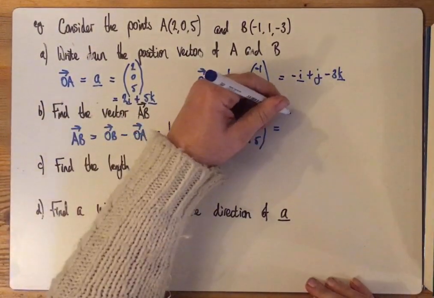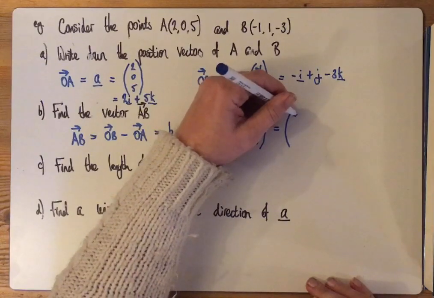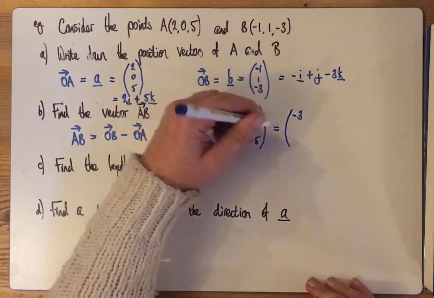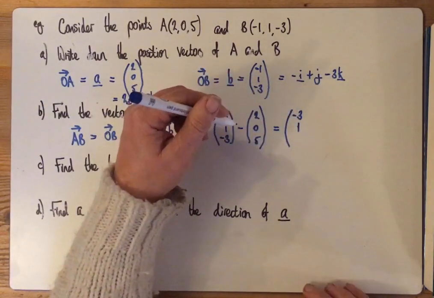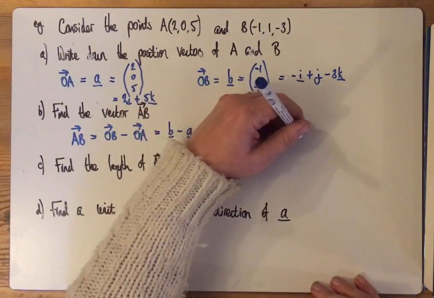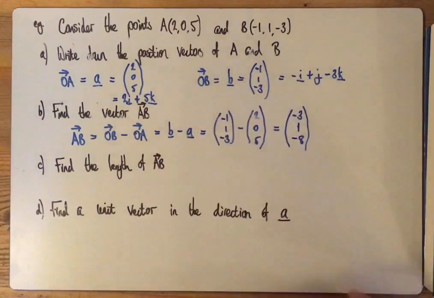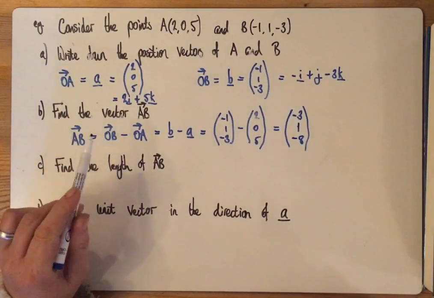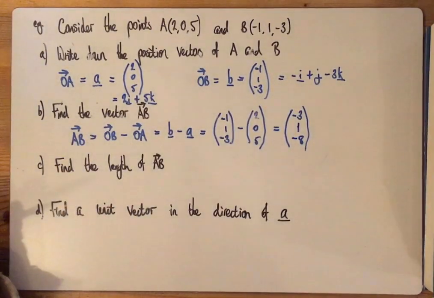Minus 1 minus 2 is minus 3. 1 minus 0 is 1. And then minus 3 minus 5 is minus 8. So AB is the position vector of B minus the position vector of A.